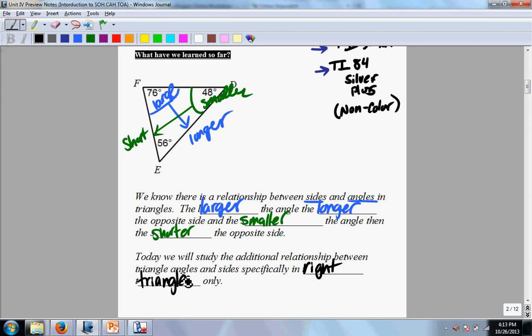The study of right triangles and everything related to right triangles is called trigonometry. So what you're actually learning today is the introduction to trigonometry. Very simplistic, very basic.